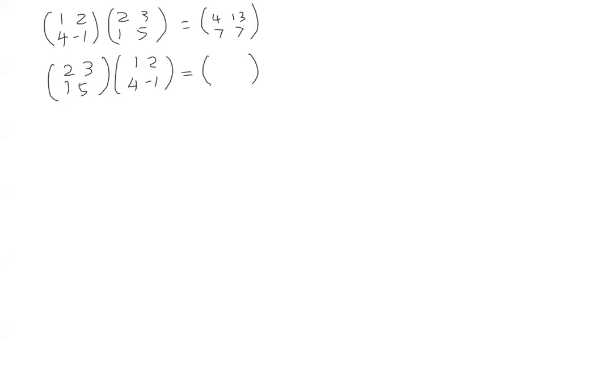Second matrix. 13, 1, 21, -1, or -4. 13, 1, -21, you said? Just 21.